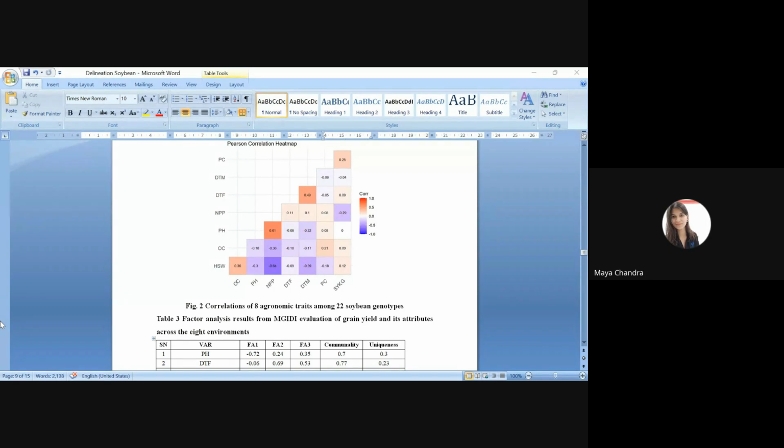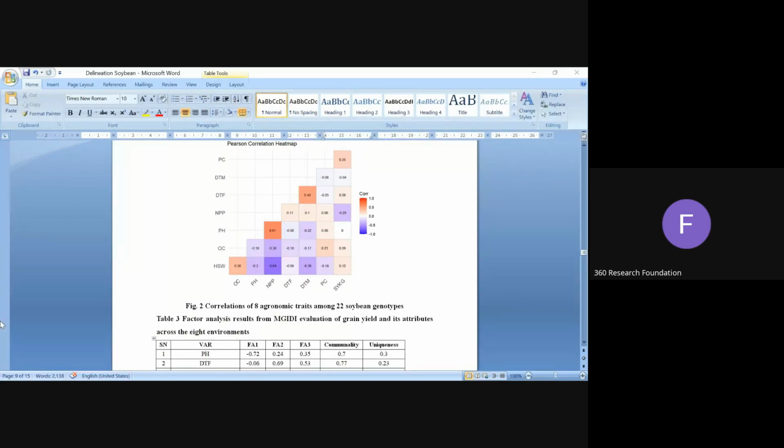Same replications of all the environments. Taking the mean of the same replication across all the environments. So that is pooled data. Yeah, pooled mean is fine, but I am saying pooled replicated.